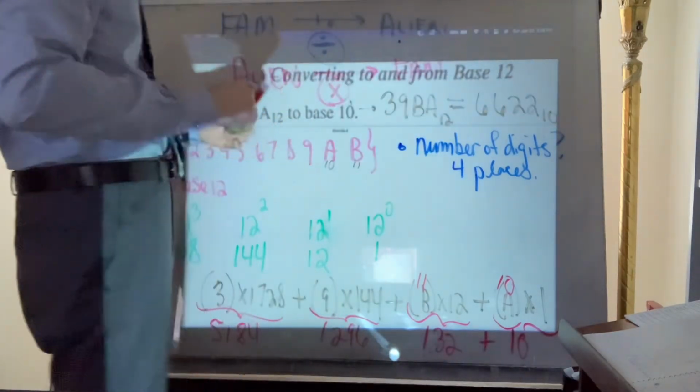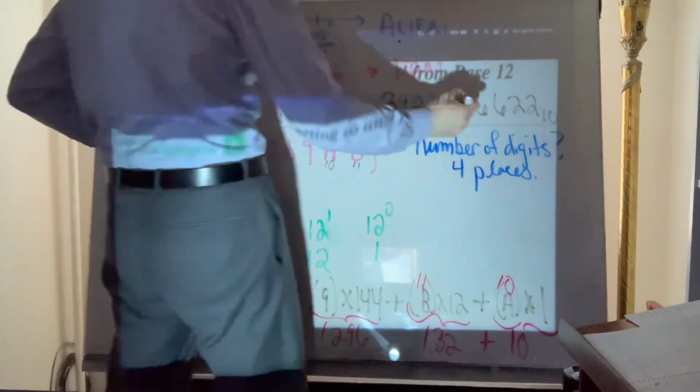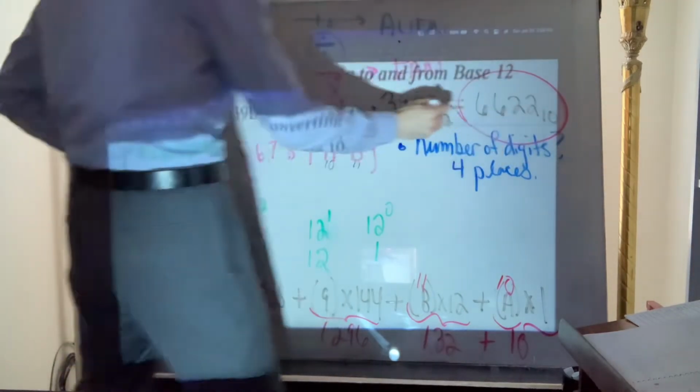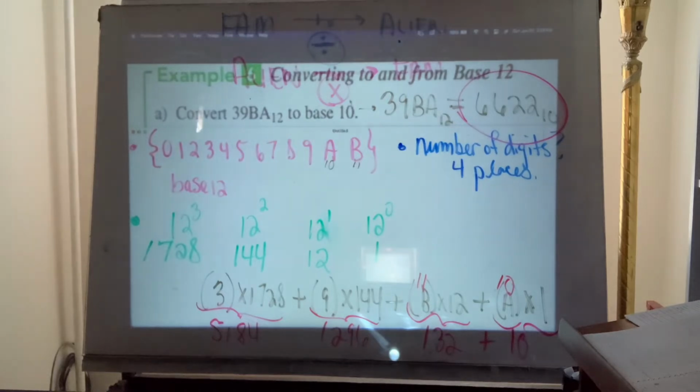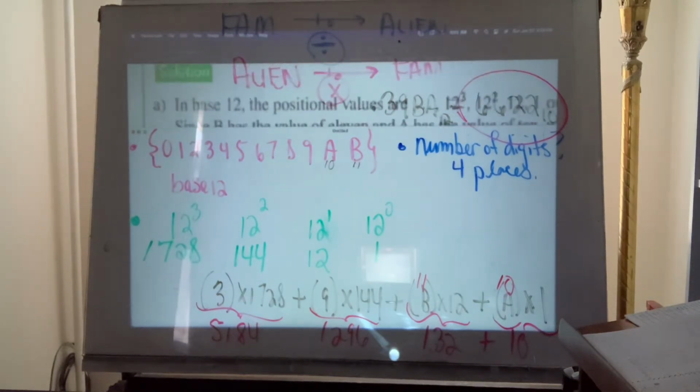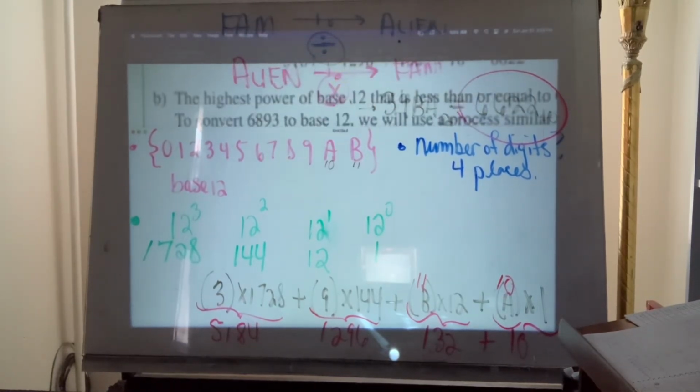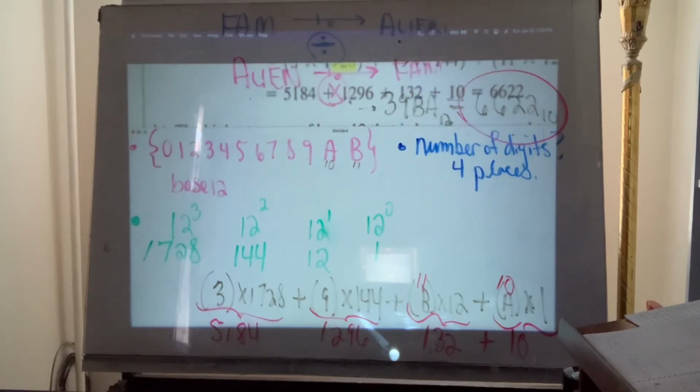This is the end of the small group. Okay. Let's see if I'm right. Yeah. 6622.